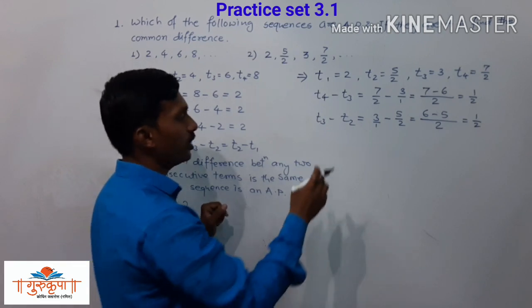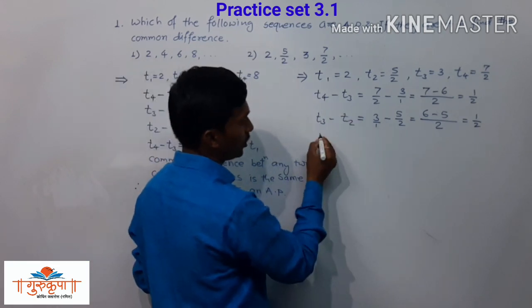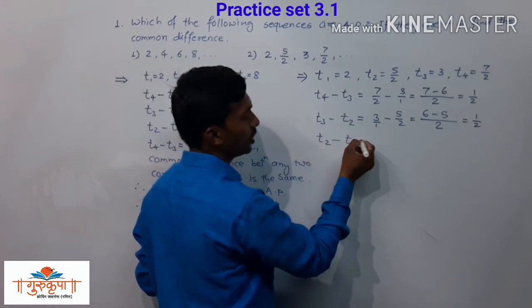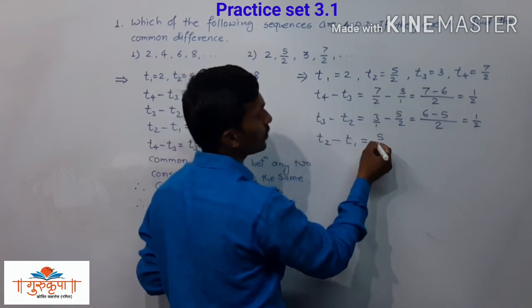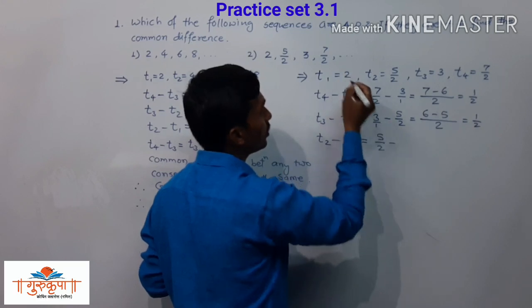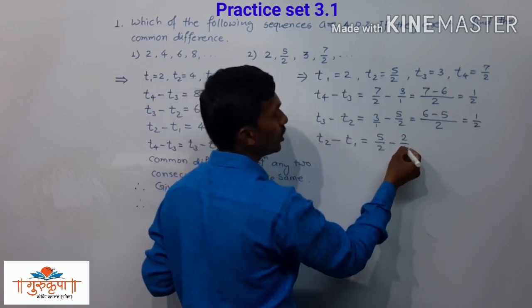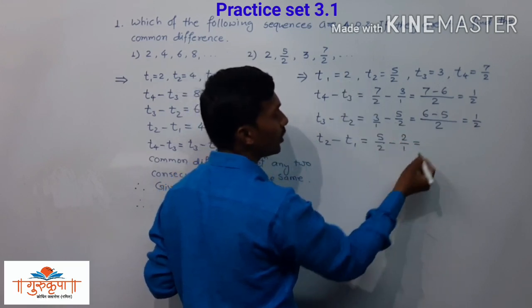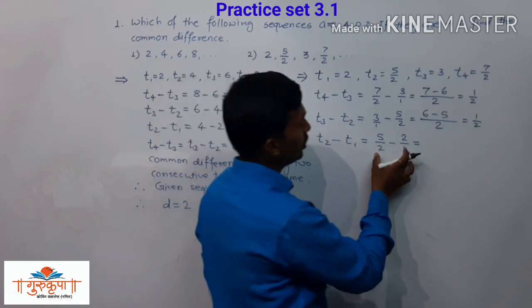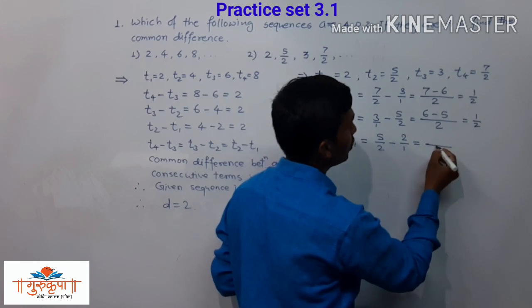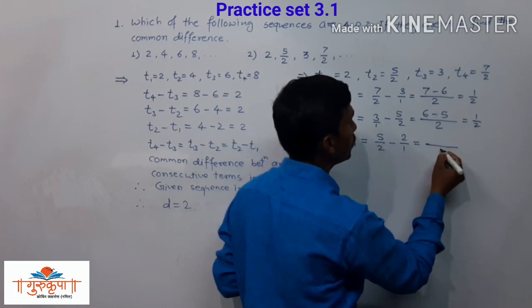Now we have to find the common difference between 2nd and 1st term, that is T2 minus T1 is equal to, T2 is given 5 upon 2 minus T1 is given 2, we can write it as 2 over 1, nothing is there in the denominator, means we have 1. Again we have to take the subtraction of these two numbers, so multiplication of denominator to the denominator, that is 2.